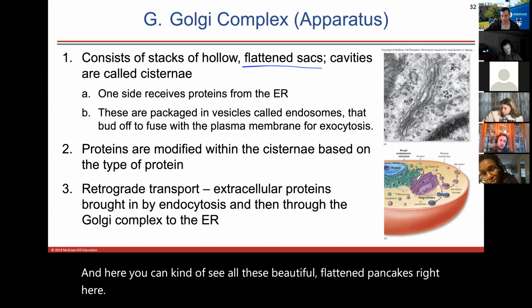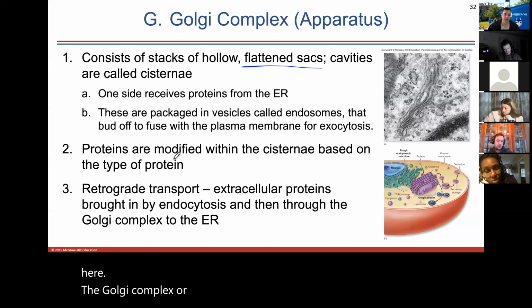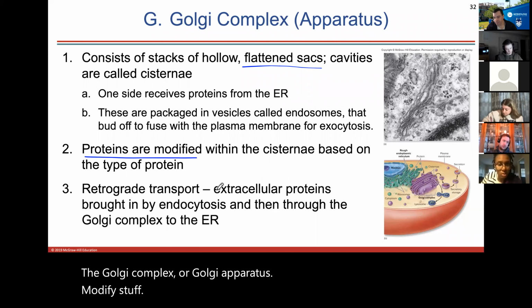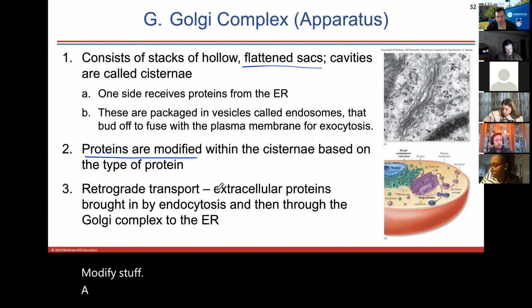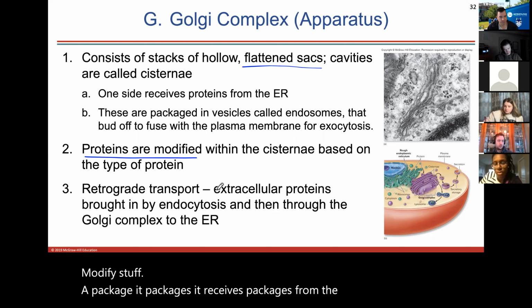The Golgi complex or Golgi apparatus modifies stuff. It receives packages from the endoplasmic reticulum.